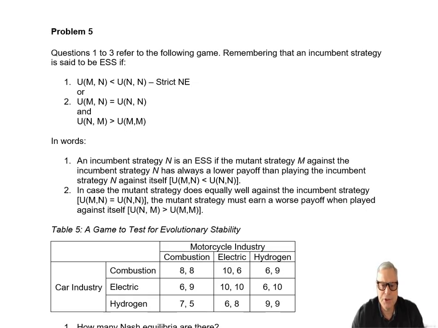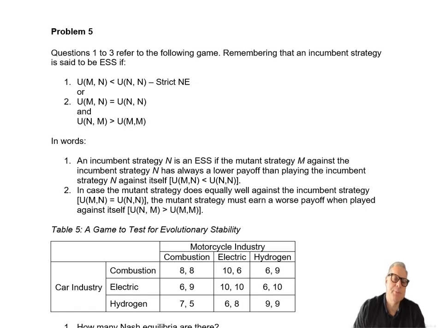The situation is slightly different with the second condition, and that suggests that a mutation that is played against someone who plays the incumbent strategy does not make the mutator worse off.